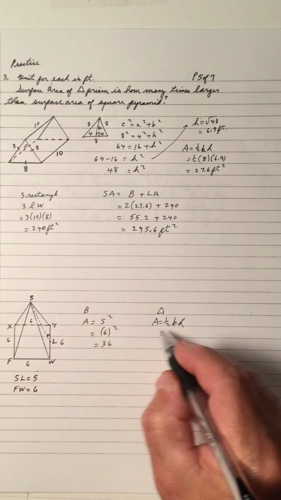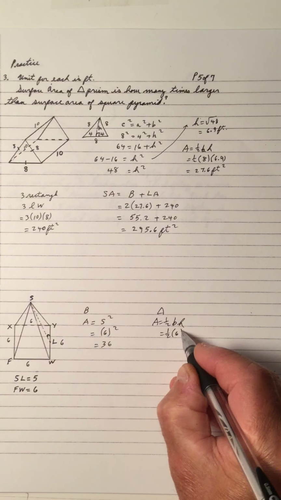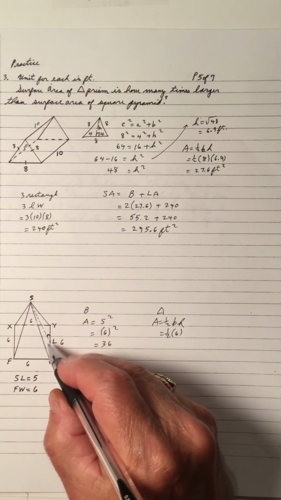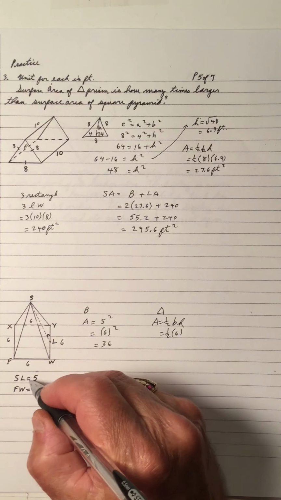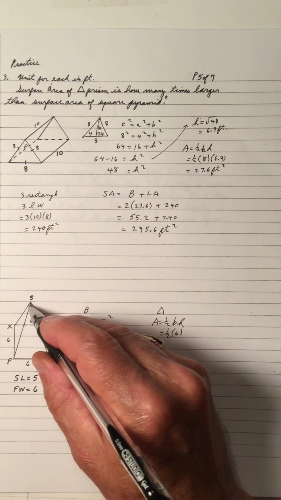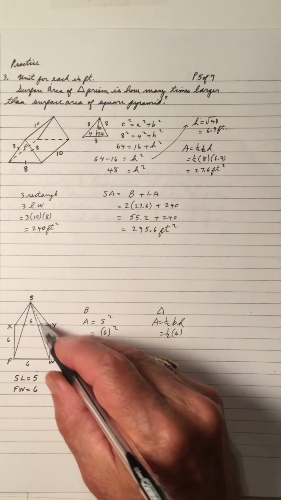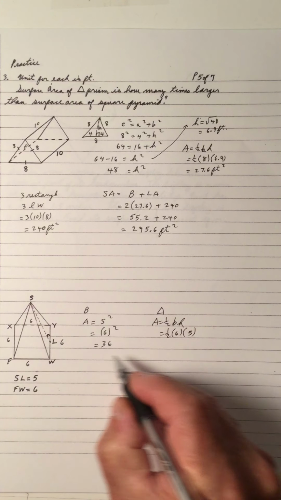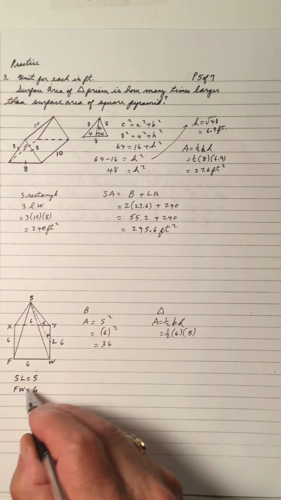So the base is 6, the bottom of the triangle is 6, and the height, which is the slant height, or the triangle height coming down, is 5. Put that 5 in there.